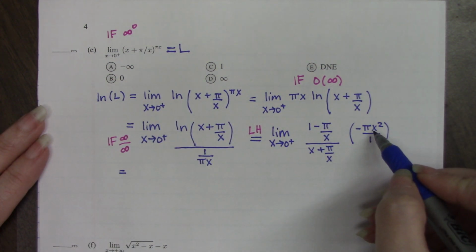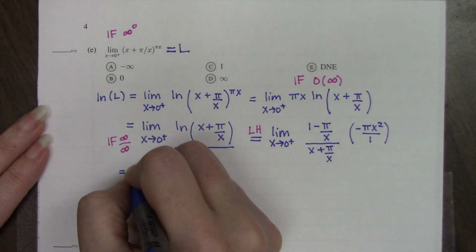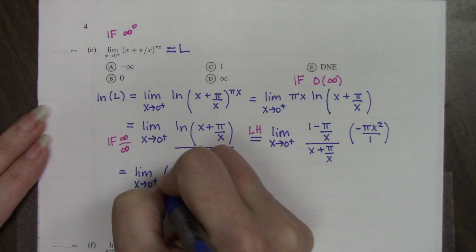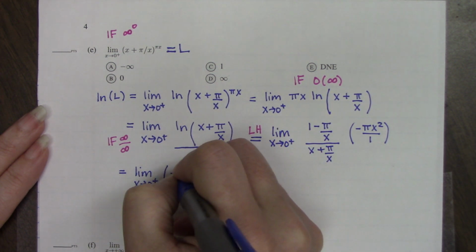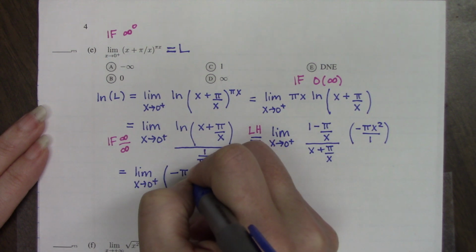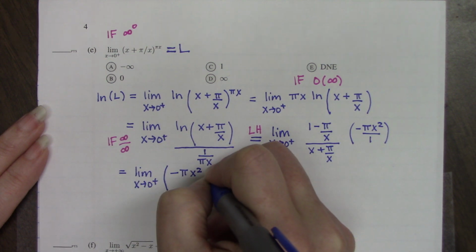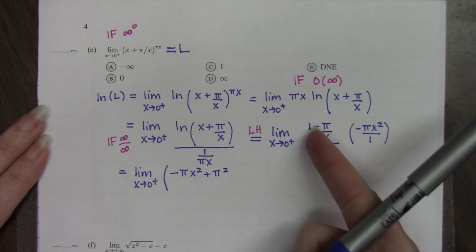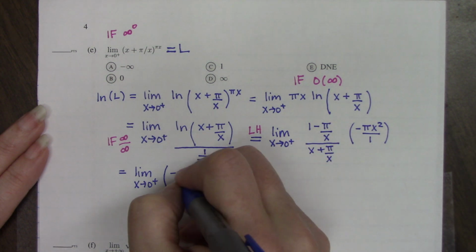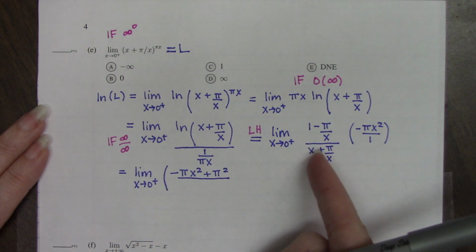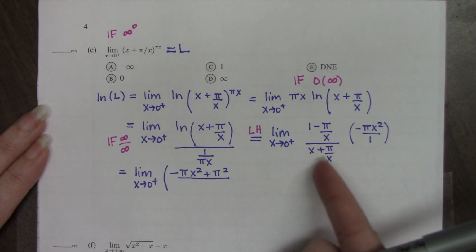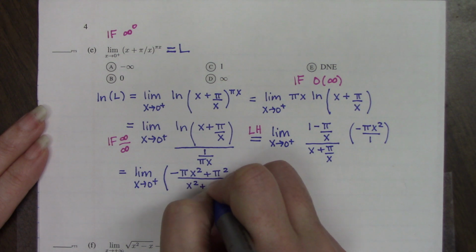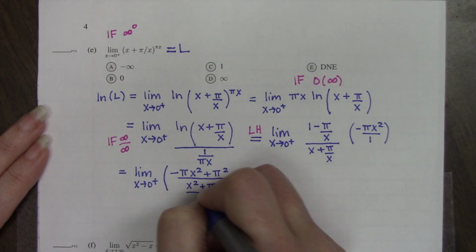The first thing I'm going to do is distribute this across the numerator. All I did was multiply this fraction across this. In my denominator here, I'm going to get a common denominator so that I can combine this into one fraction. So that's going to give me x squared plus pi all divided by x.